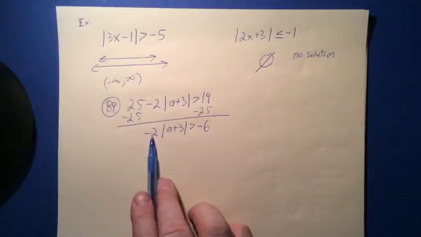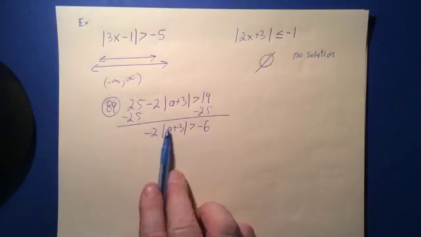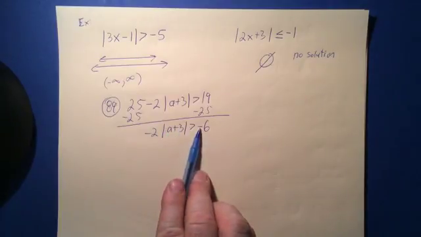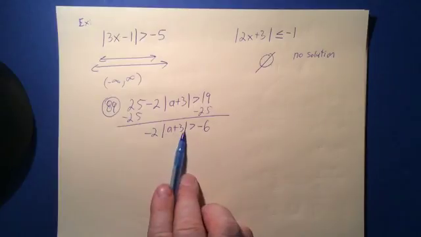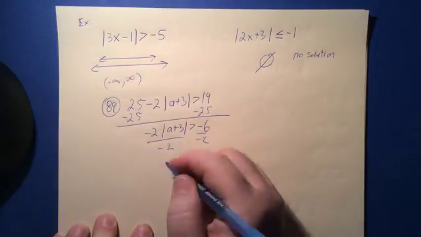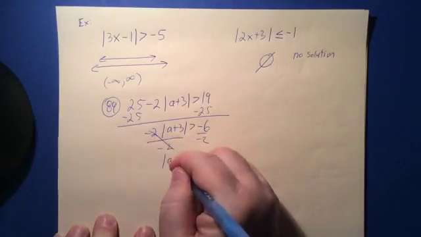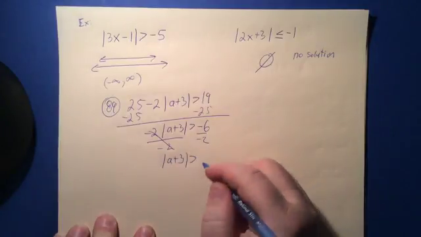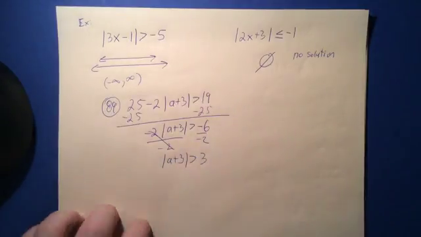However, we do have to do some work to get the absolute value by itself. If we still have a negative over here when the absolute value is by itself, then we can say no solution. However, when we divide both sides by negative 2, we're going to get the absolute value of a plus 3 being greater than positive 3.